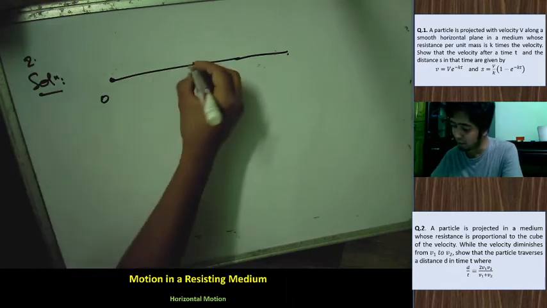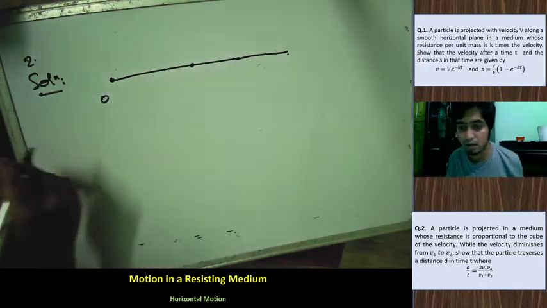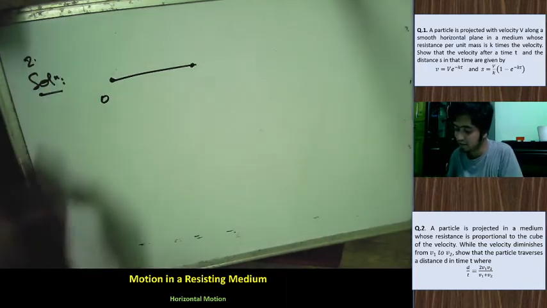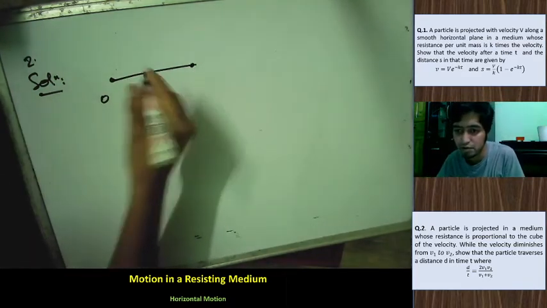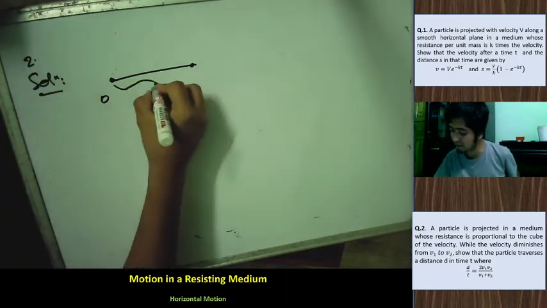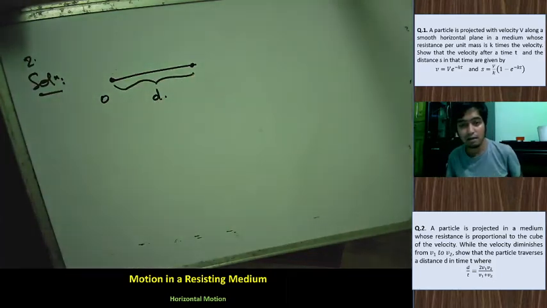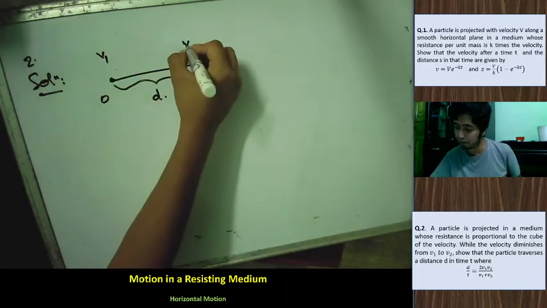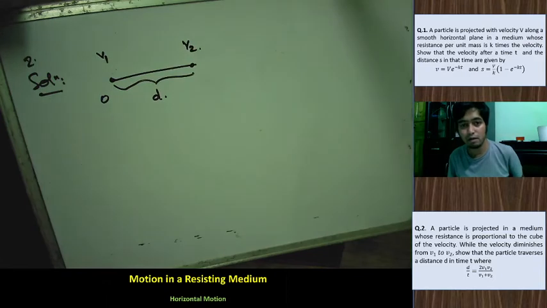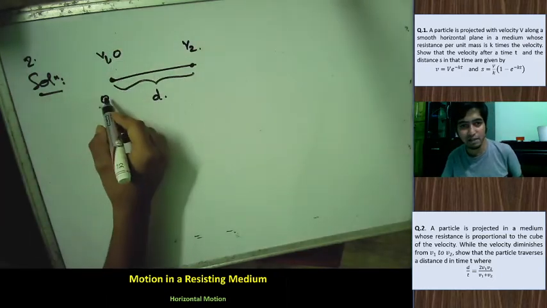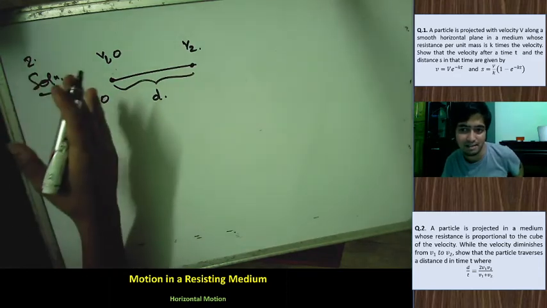So it starts from point P. The velocity diminishes from v1 to v2. Show that the particle traverses a distance d. So this distance is d. We can think of this one as a starting point, even though it doesn't actually start from this point.